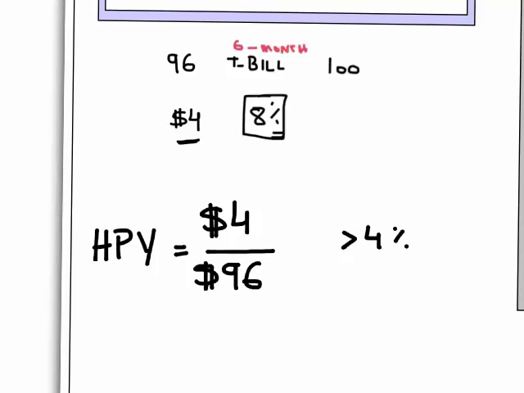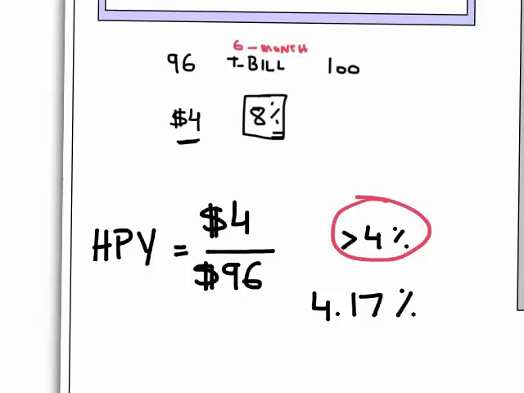What is the exact number? 4 divided by 96, 4.17%. This is more realistic. The 4% was not the correct return that I am making. I am making $4 over investment of 96. So a better measure, instead of the discount rate, would be holding period yield.